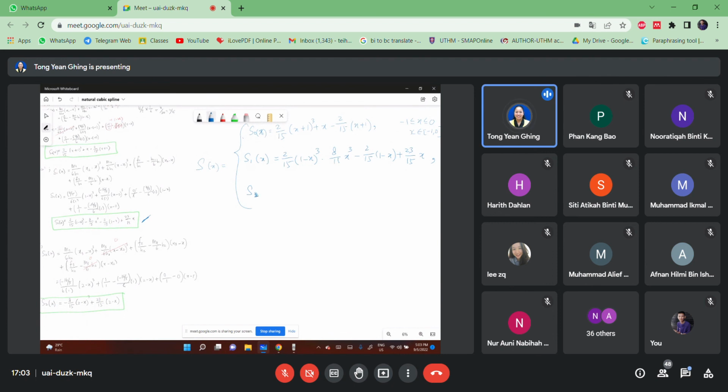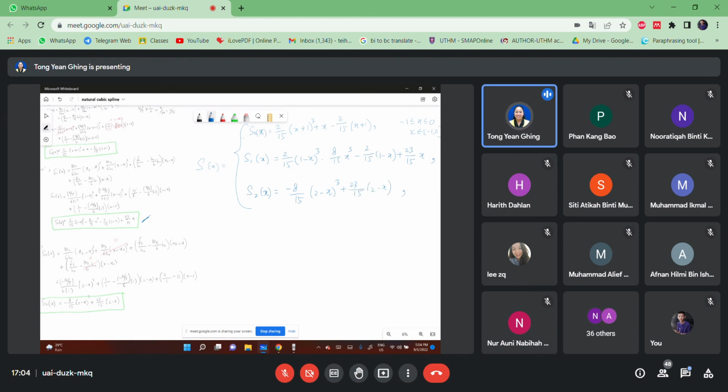S2. S2x equal to negative 8 over 15, 2 minus x power of 3 plus 23 over 15, 2 over x.